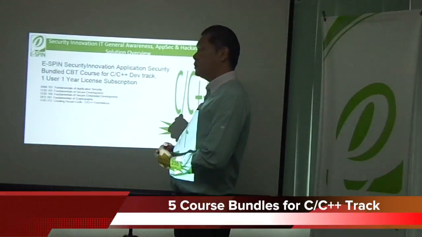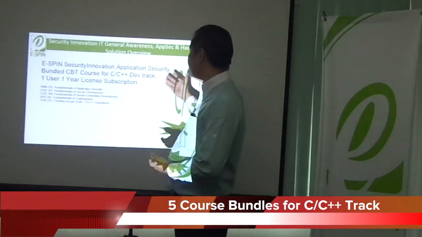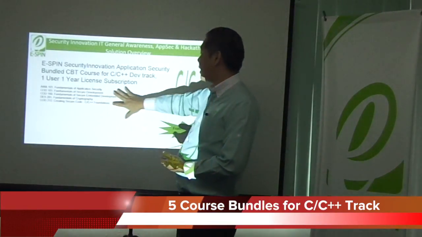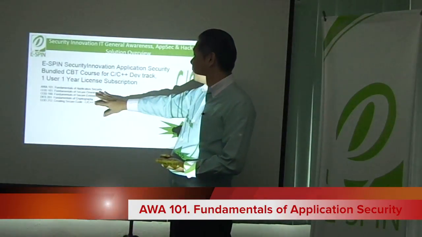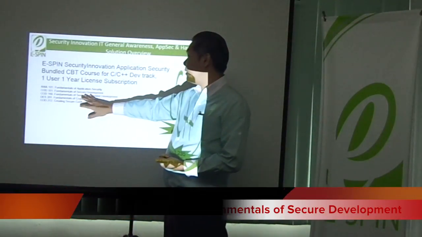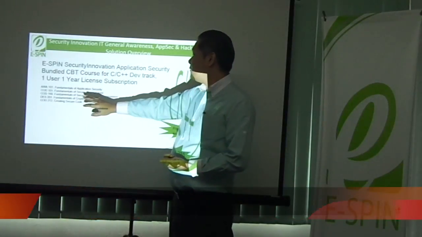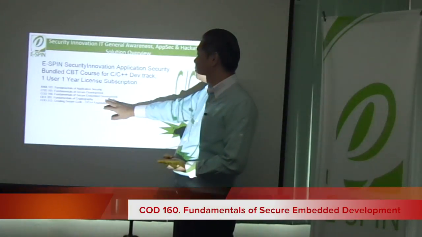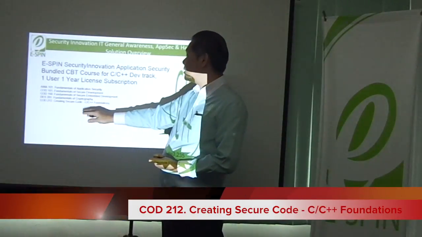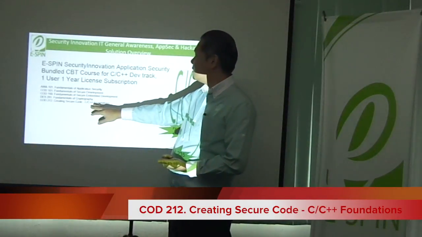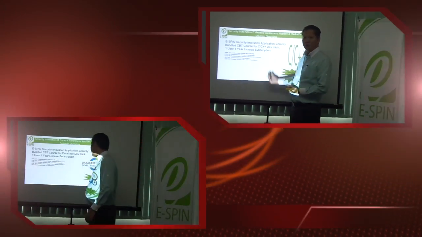For the C/C++ development track, right? There is a 5 course bundle: foundation of application security, foundation of secure development, foundation of secure embedded development, foundation of cryptography, and then create secure code based on the C/C++ foundations.